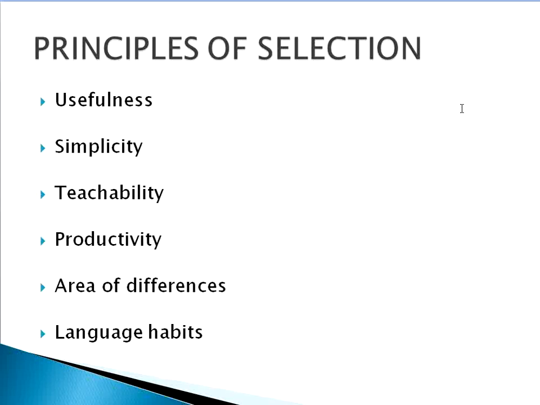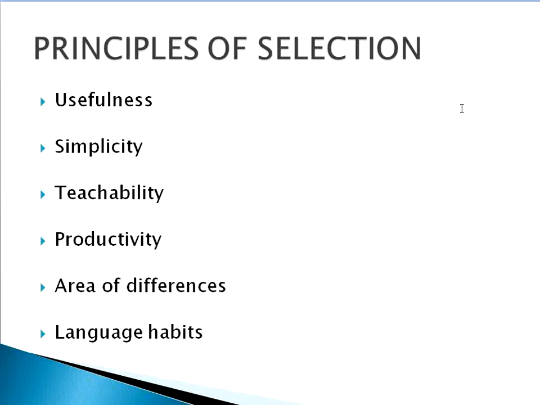Getting the point? That means I am starting the second sentence with the verb. That is why it becomes a question. So this is a simple example to analyze the concept of area of differences. This area of differences is also, in a sense, a principle of selection.